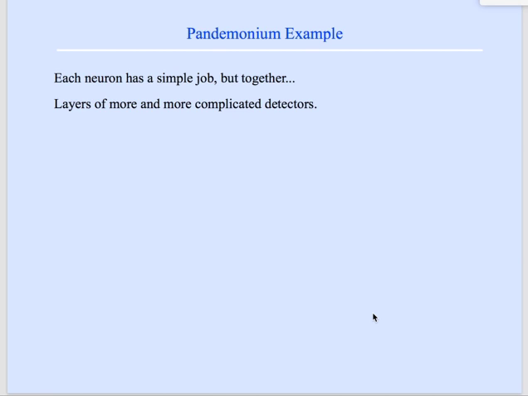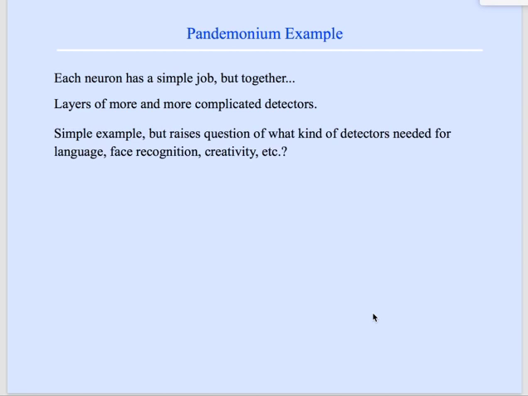And you can obviously think of further layers of these daemons where you take individual letters and start developing a system where you can recognize actual words. So this is a simple example, but it does raise the question of what kinds of detectors you need for language, face recognition, creativity, etc.